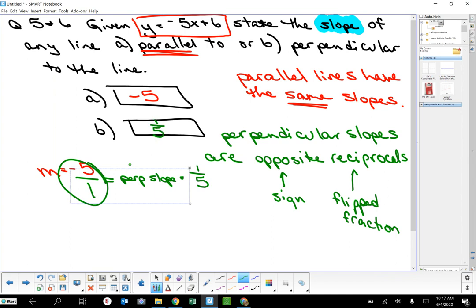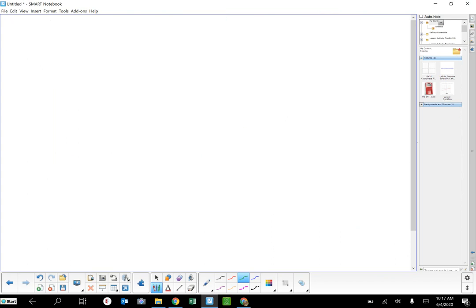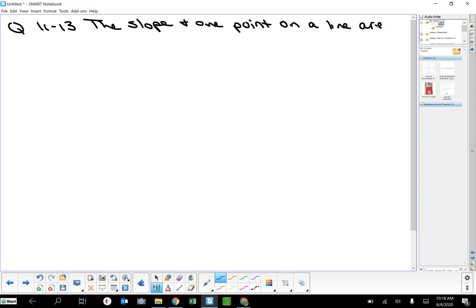Okay? All right, the next one you may or may not have utilized before. This utilizes point slope. So this is questions 11 through 13. And it says the slope and 1 point on a line are given.